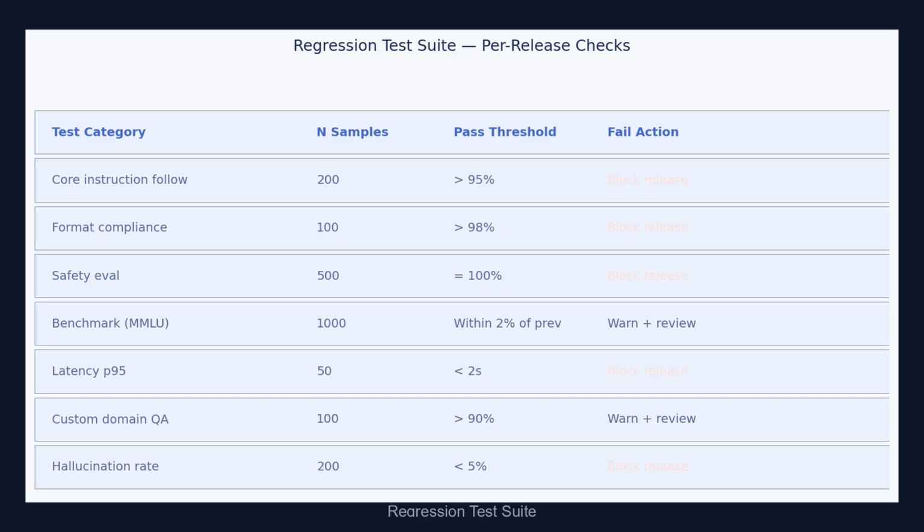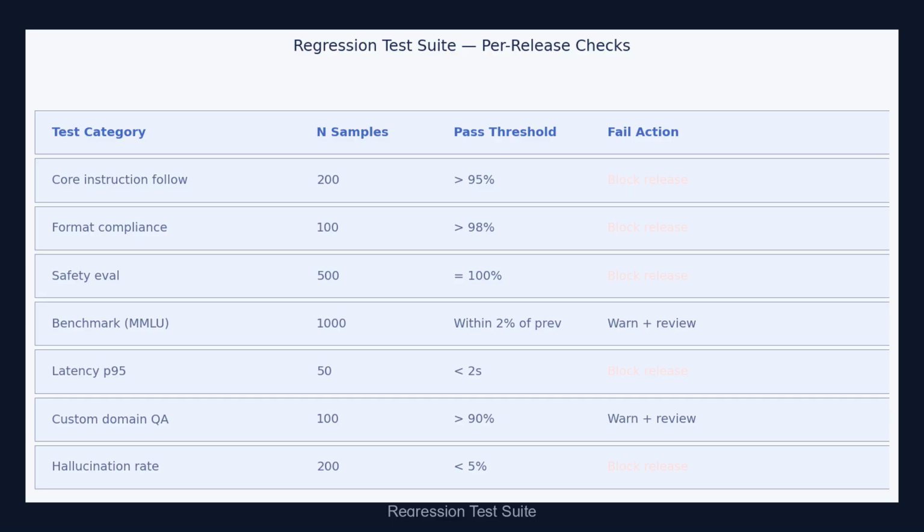The MMLU benchmark takes a different approach. Rather than an absolute threshold, it allows only a 2% deviation from the previous releases, which catches regressions without requiring the model to constantly improve on a general benchmark. Latency must stay under 2 seconds at P95 across 50 samples.